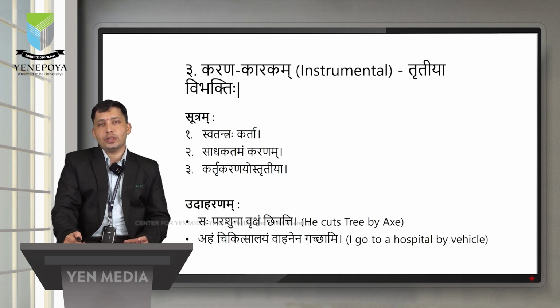So those words which represent a tool or instrument and get Karana Karaka will always be in Tritiya Vibhakti. One more thing to observe here: Kartru is also mentioned with Tritiya, which means Karana Karaka or Tritiya Vibhakti is also used in Karmani Prayoga. Kartari Prayoga and Karmani Prayoga are active voice and passive voice. So in that also it is used.